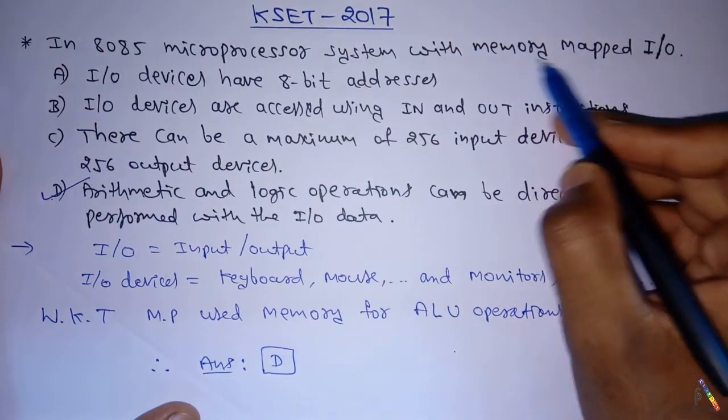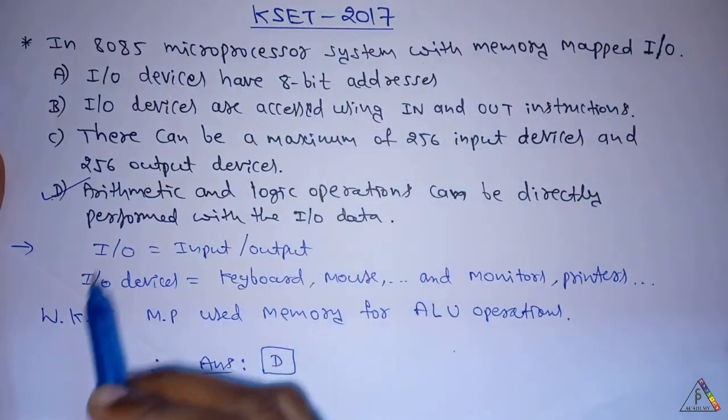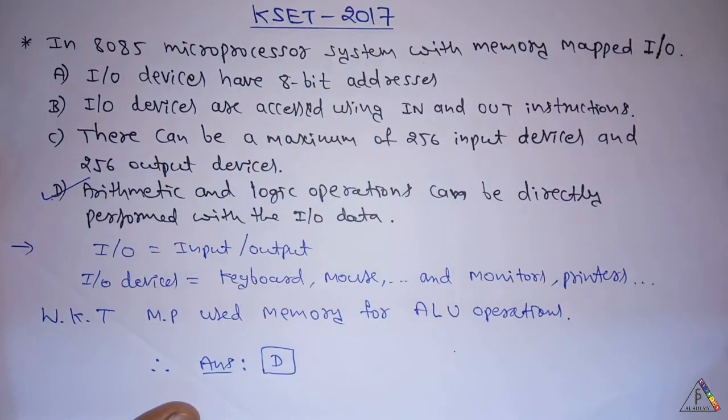Therefore, the memory mapped IO in this 8085 microprocessor is the arithmetic and logic operations. Therefore, for this question, the answer is D option.